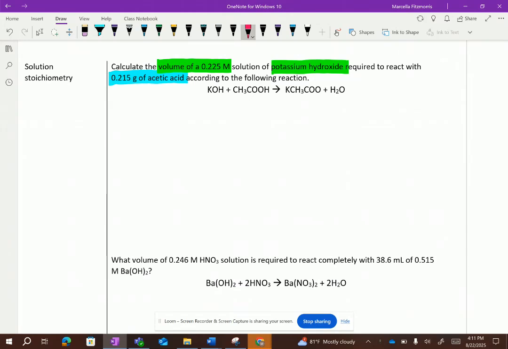So in order to use the molarity equation, we need moles of this potassium hydroxide. So that's what I'm going to try to get first, is moles of potassium hydroxide. I'm going to start with what they gave me, 0.215 grams of this acetic acid.